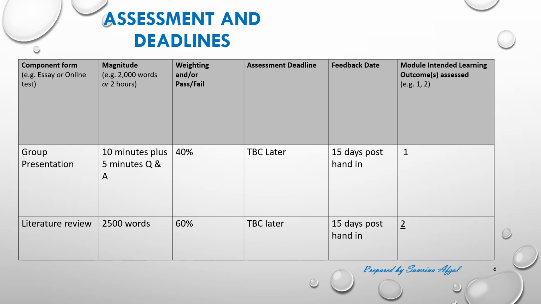The second assessment is a literature review, and the deadline will be the 21st of March 2025, and the students will get the final summative feedback within 15 working days after hand-in, and the learning outcome will be 2. We will go through all these learning outcomes on the next slide.